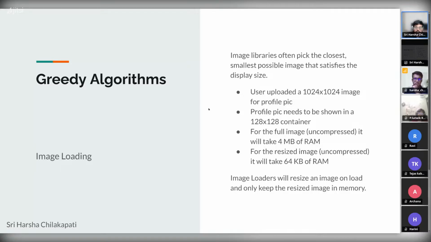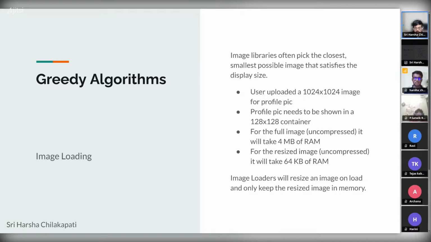So what needs to happen? It needs to be resized. So let's say on the screen it is only being shown in a 128 by 128 container, then image loading libraries, image loaders, will resize that image and only keep the resized image in memory. They will not load the complete image. They will load the resized image.